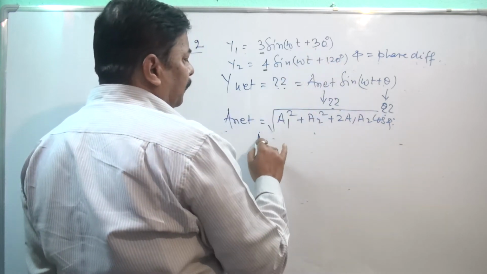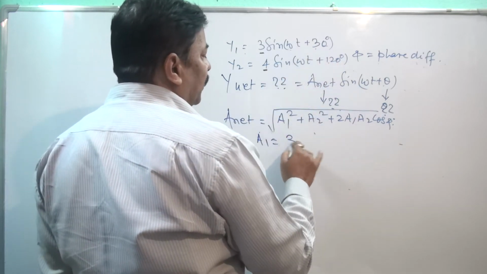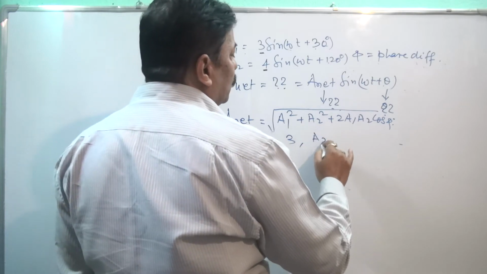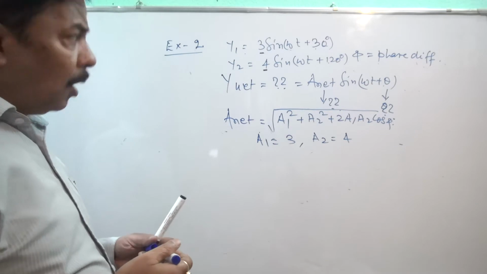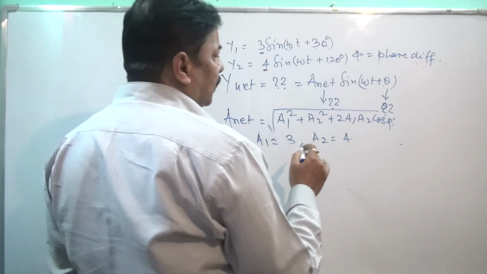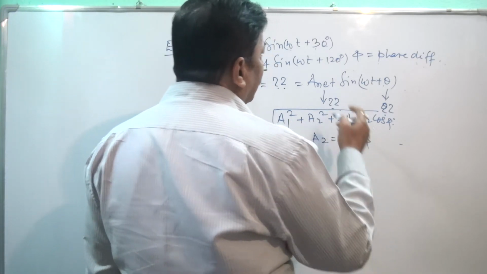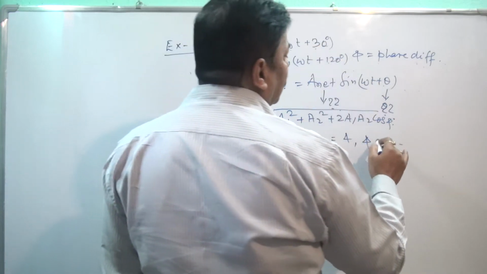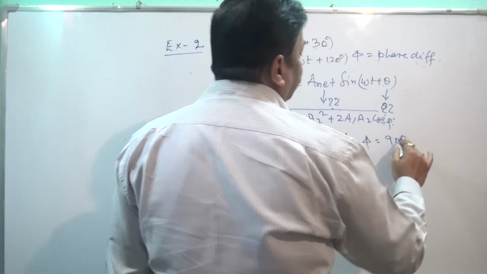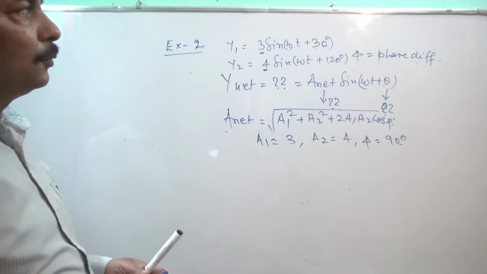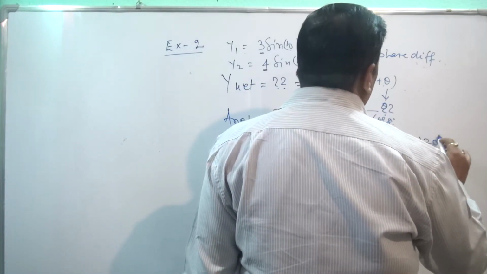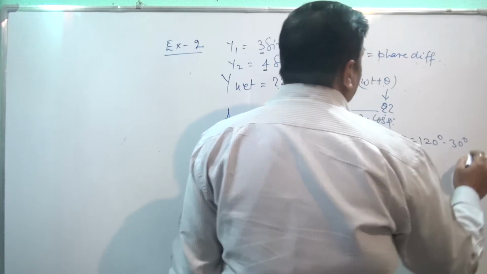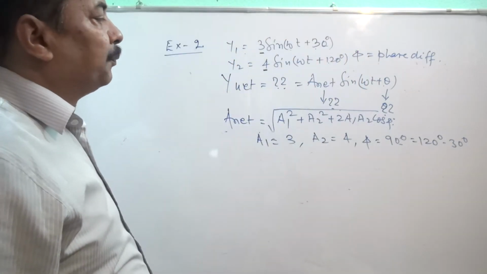So A1 is equal to 3 and A2 is equal to 4, and the phase difference phi is equal to 120 minus 30, that is 90 degree.